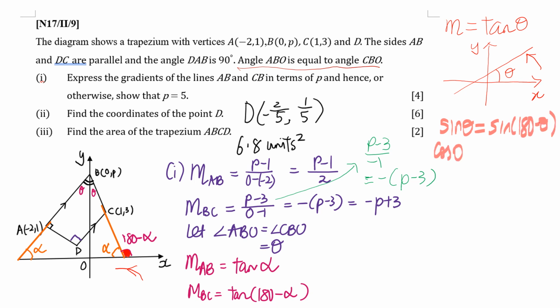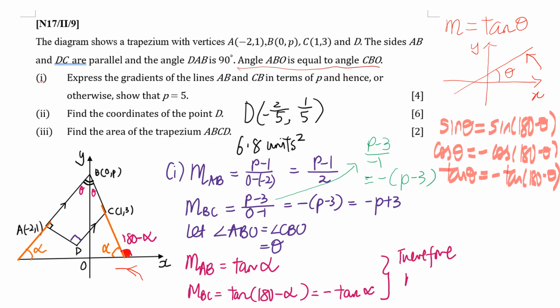Cosine theta is negative cosine 180 minus theta. And tangent theta is negative tangent bracket 180 minus theta. So therefore, tangent bracket 180 minus alpha is basically negative tangent alpha. So from there, what's the conclusion? Therefore we conclude that the gradient of your line AB is equal to the negative of the gradient of line BC.